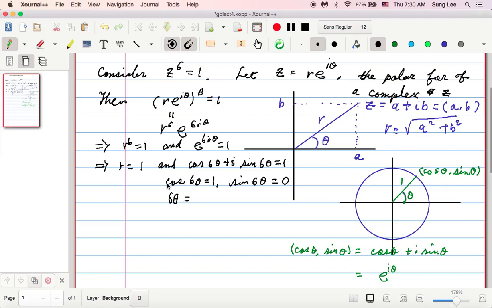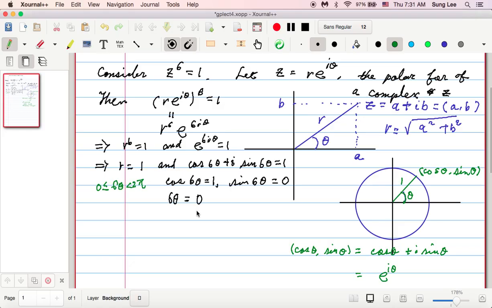So cosine is 1, sine is 0. That's when this angle equals 0, like cosine 0 equals 1. I better write it down. So if 6 theta is greater than or equal to 0 and less than 2 pi, there is only one angle that satisfies these two equations, which is 6 theta equals 0.